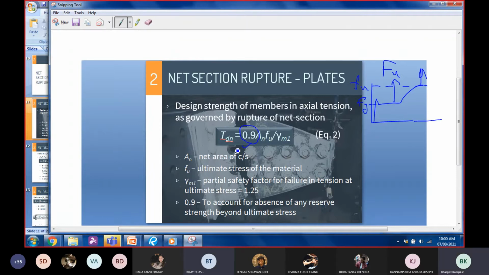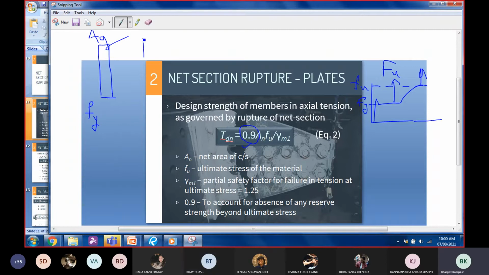Because here, okay. When we talk about the gross area, let us say that this is a section that I've cut from a plate. So this is my gross area. If we are talking about the stress at this area, Fy, now here you can expect this stress to be there along the entire length of the member.